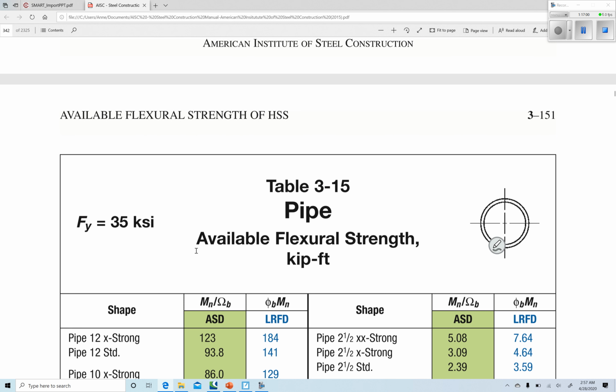If we go to the beginning of the beam section, part 3, page 3-1, available shear strength, it gives you a little summary.